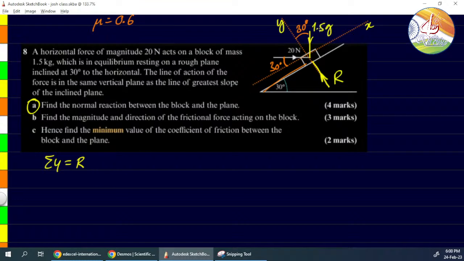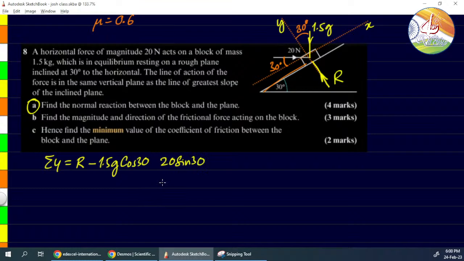And what other components? Tell me one by one. 1.5 G cos 30, good. Positive or negative? Negative, good. What else? 20 sin 30.